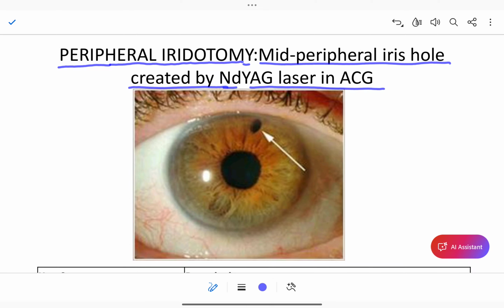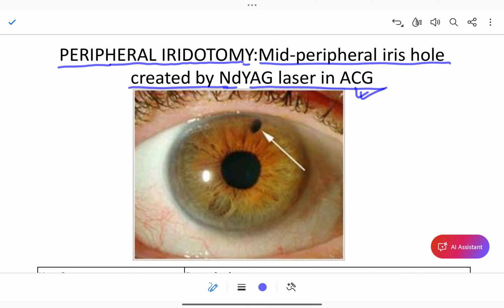What is peripheral iridotomy? Please have an overview. PI. Peripheral iridotomy is a laser procedure that creates a small hole in the mid-peripheral iris using an Nd:YAG laser to treat or prevent angle closure glaucoma, ACG.